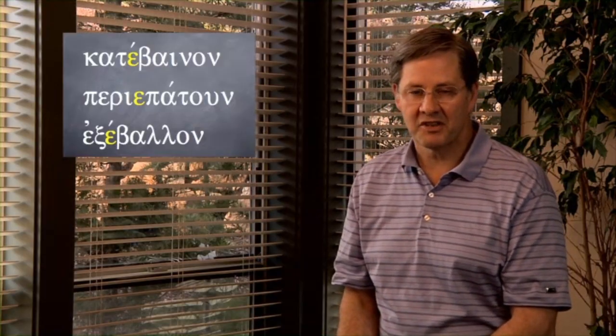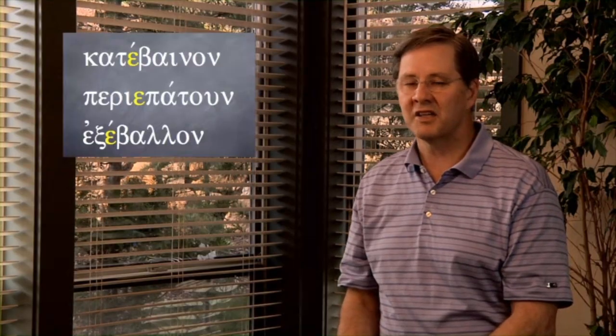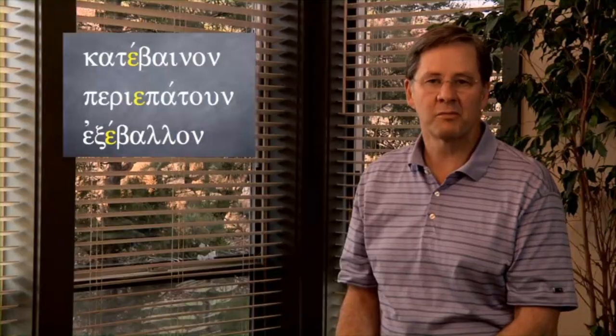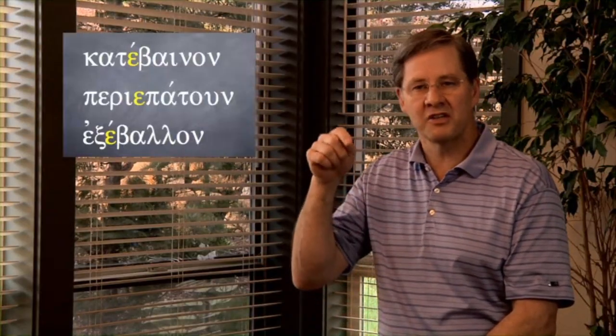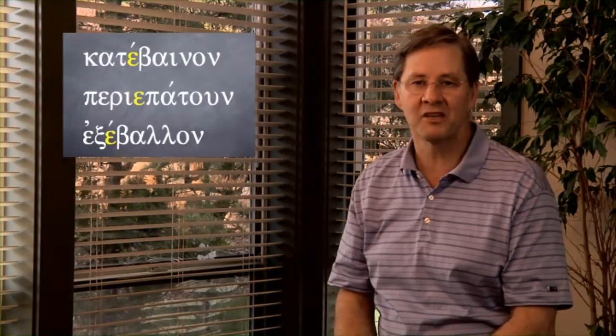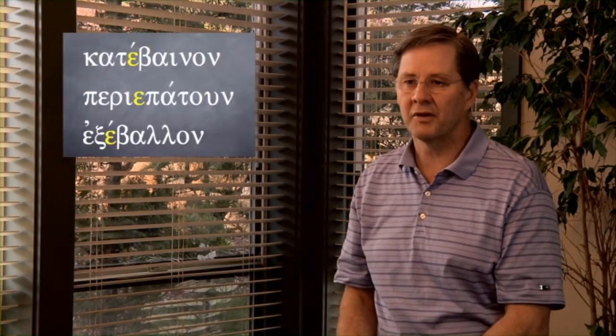The exception to that is when the preposition ends in an iota. And an iota is a very strong sound in English. It just didn't want to go away. So you have a verb like peripateo, and when you add in your augment, it's periepatoun. In other words, both the iota and the epsilon are going to stay. The iota is not going away. That's just a characteristic of the iota.